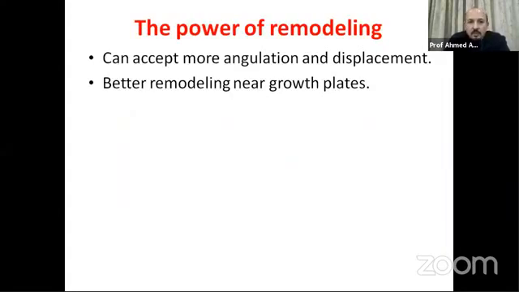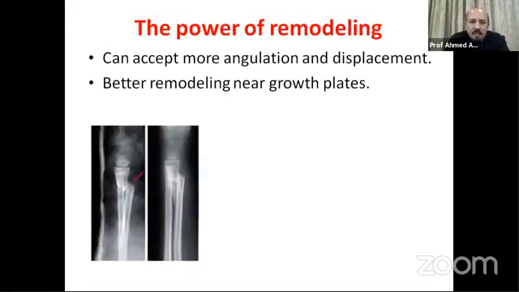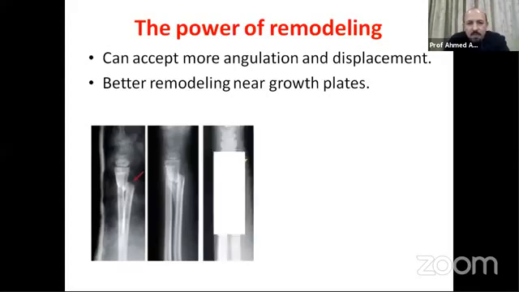As a general rule, we can accept more angulation and displacement in the children because of better remodeling near the growth plates. As an example, this is distal radial fracture. The second X-ray on the right is after 1 month, and this is after 2 years. Excellent remodeling and length and alignment maintenance.